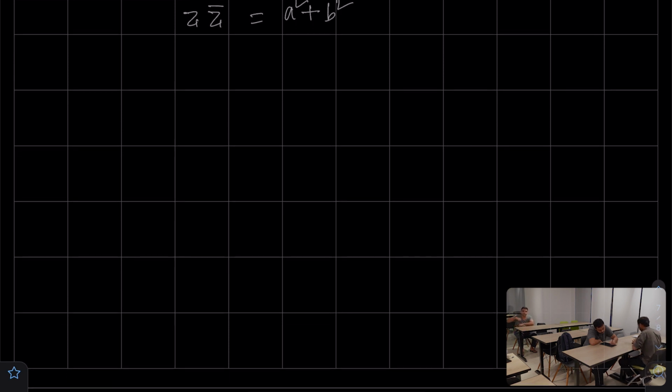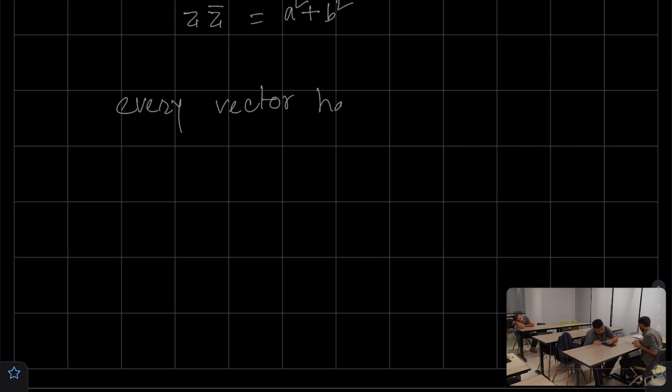Again, in our first class we discussed two definitions of the vector. The first one is the physics definition: every vector has magnitude and direction.